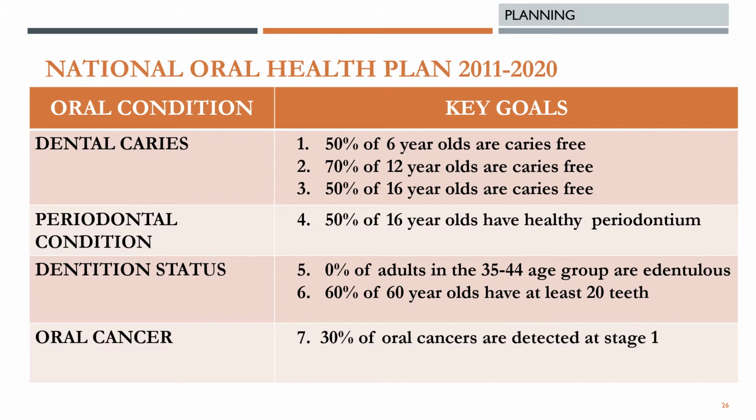And in Malaysia, we also have the National Oral Health Plan, which was developed much earlier to look at the key goals from 2011 to 2020. In oral health condition, normally we look at dental caries, periodontal condition, dentition status, and oral cancer.